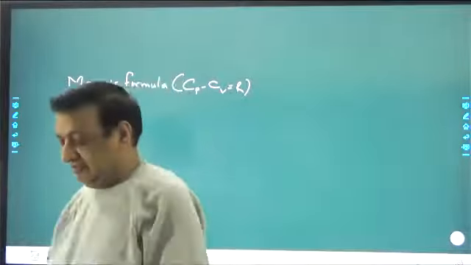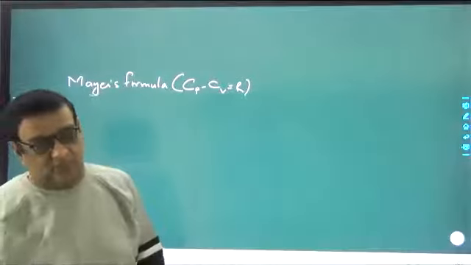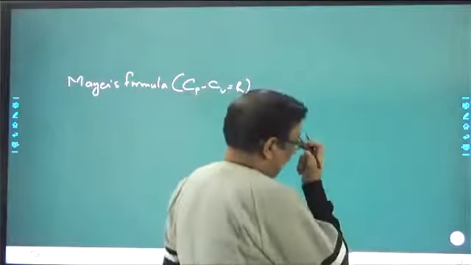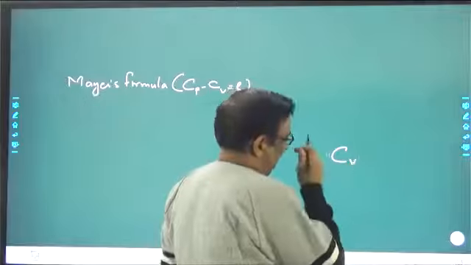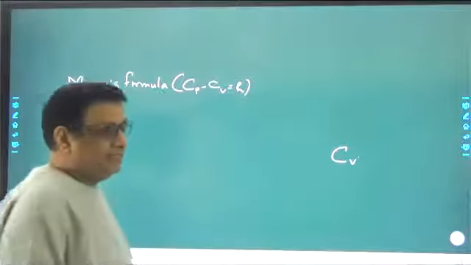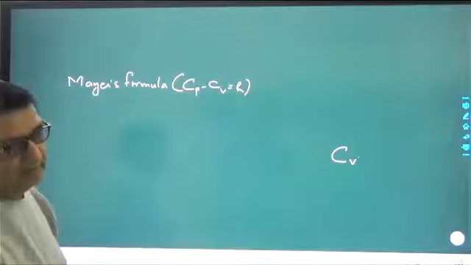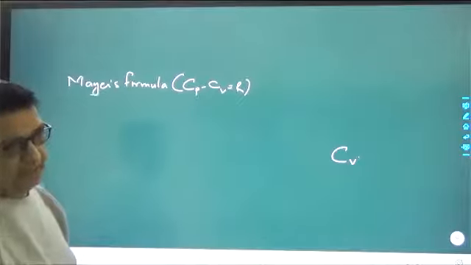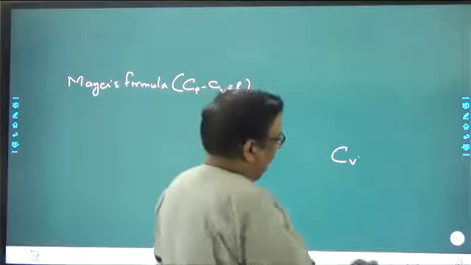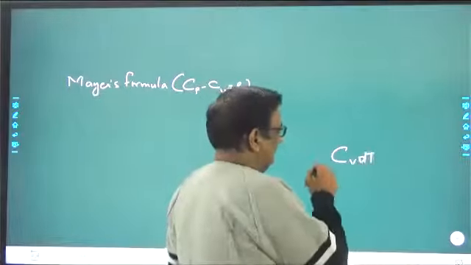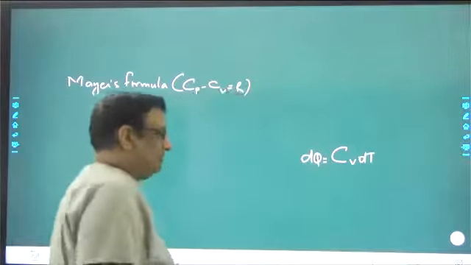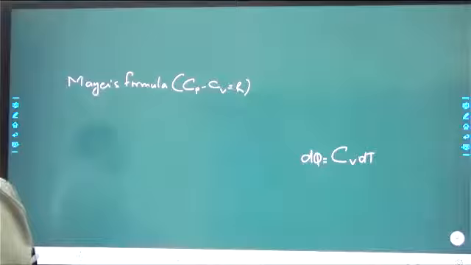Cv को हम define करते हैं that it's energy required to change the temperature of 1 mole of gas through 1 degree Celsius at constant volume. अगर temperature dT change करना है तो energy required is CvdT. अगर constant volume पे temperature बढ़ा रहे हैं तो work done कितना होगा? 0.